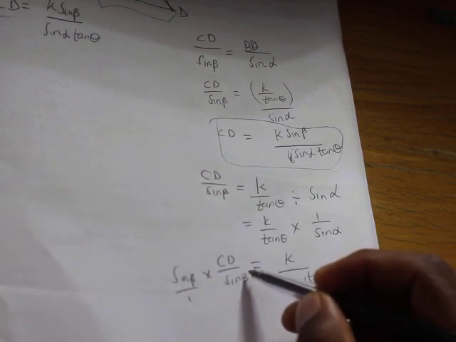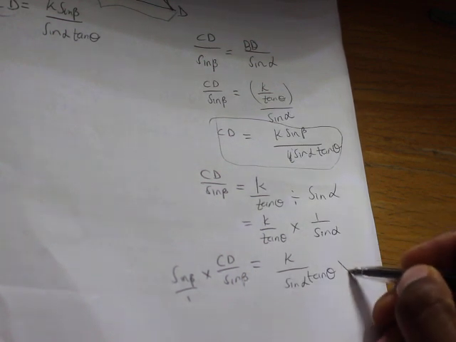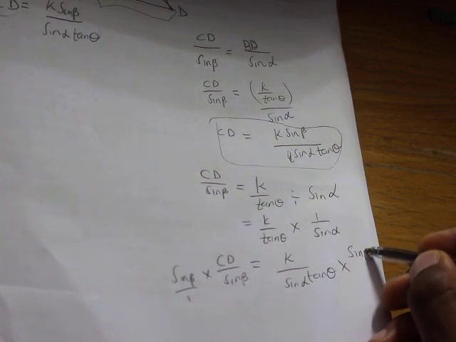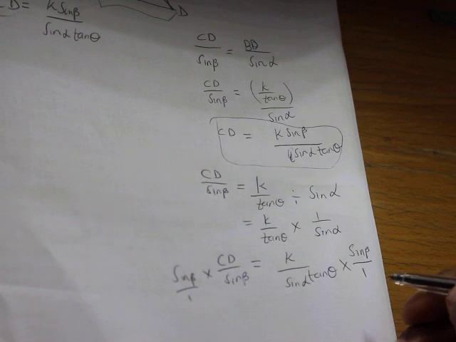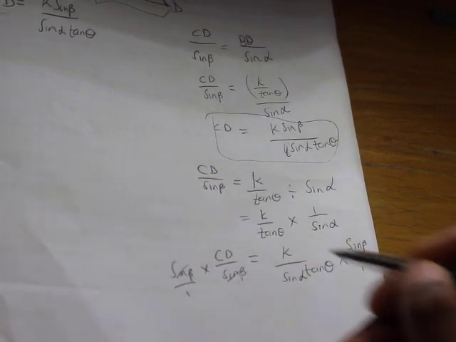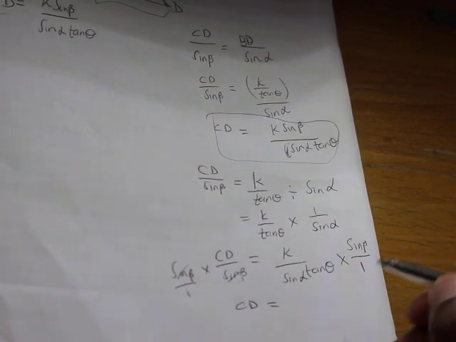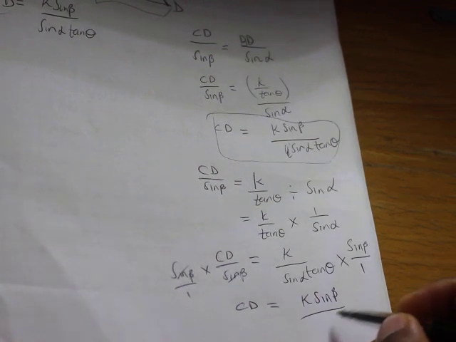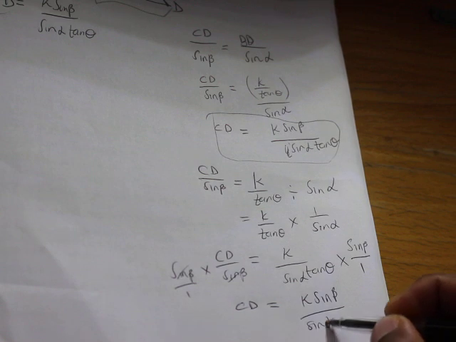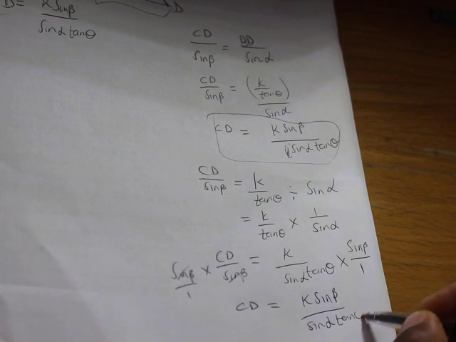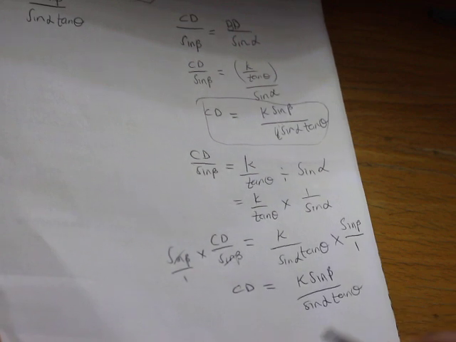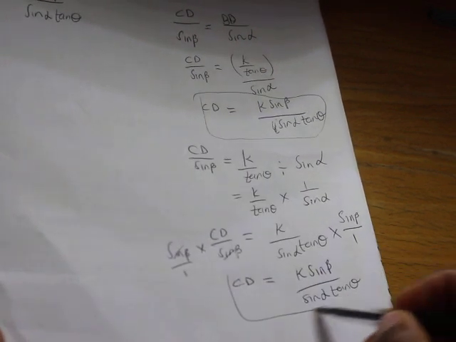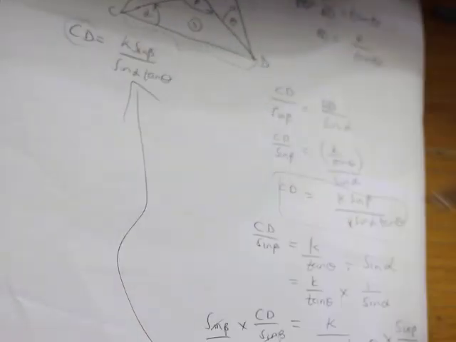So this cancels that, and we're just left with CD, which is equal to K sine B over sine alpha tangent of theta. And this is exactly the same as what we were asked to prove over there.